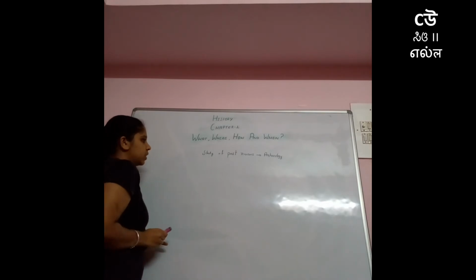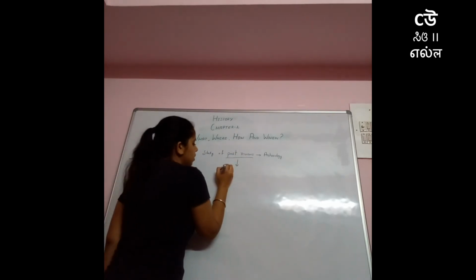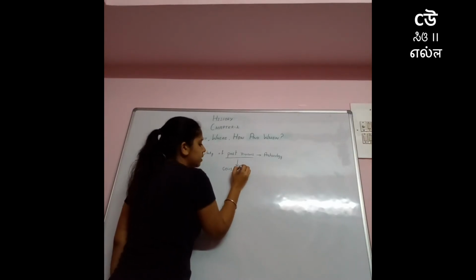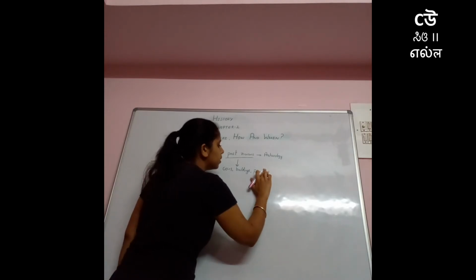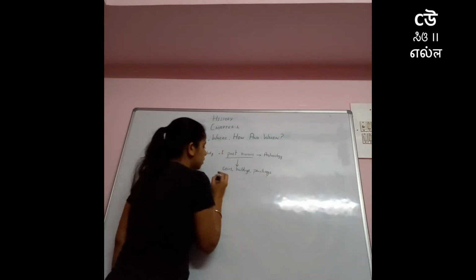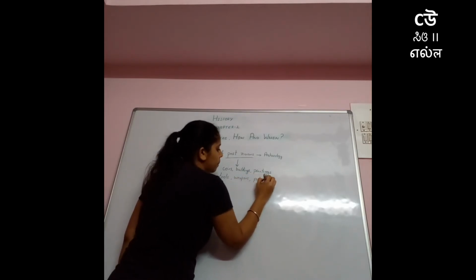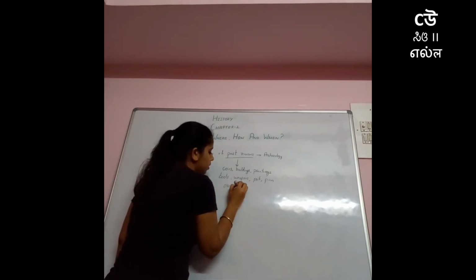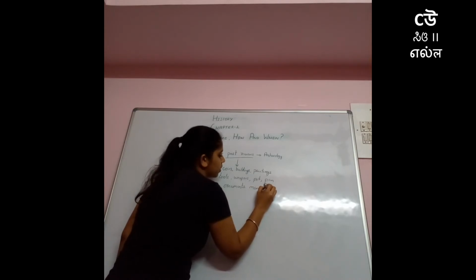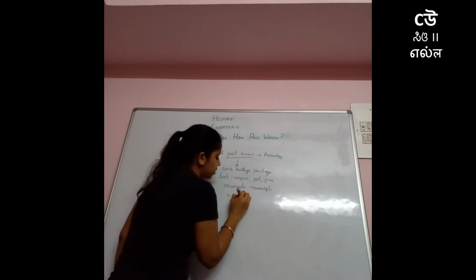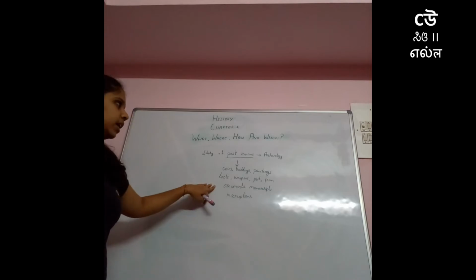So these archaeologists found the past remains such as coins, buildings, paintings, tools, weapons, pot, pan, ornaments, etc. And manuscripts, inscriptions, etc. So, these are called the past remains which archaeologists study to know about the past.